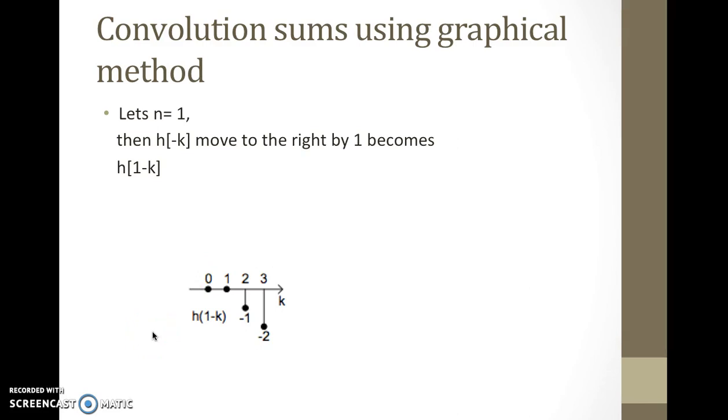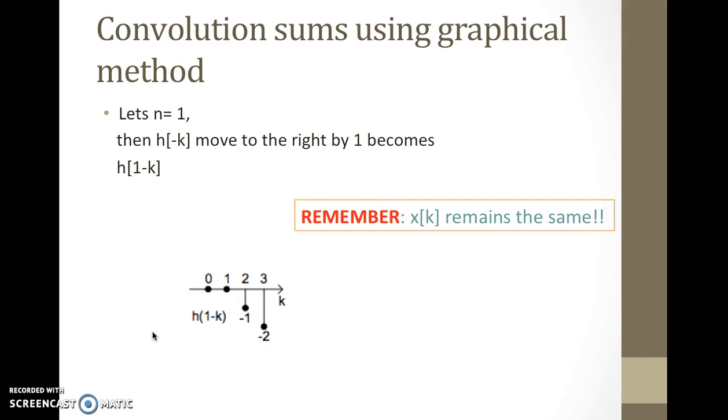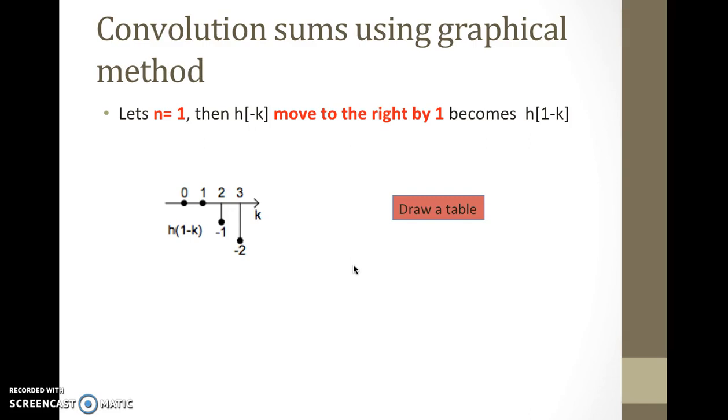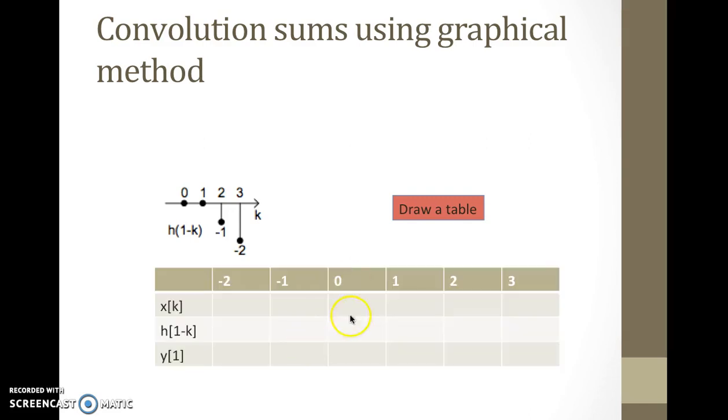And then same step, you have to draw a table. But remember that x of k has to remain the same. x of k remains the same value. So just refer back to the original x of k graph. So minus 2, it should be 0, 0, 0, 2, 1, 0.